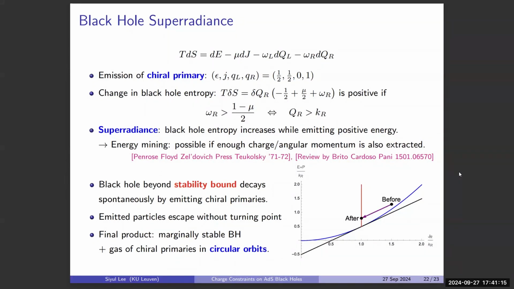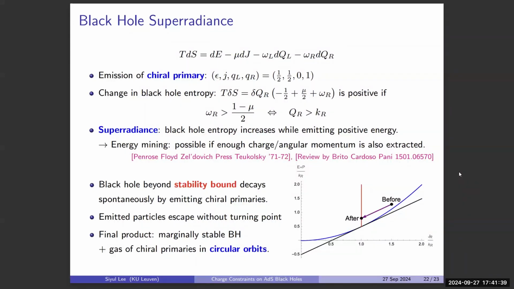This means that the final product of this decay will be a marginally stable black hole living on this point in the center, which is the saturation of the stability condition, surrounded by the particles it has emitted, which all have vanishing radial velocity, so they are rotating in a circular orbit.